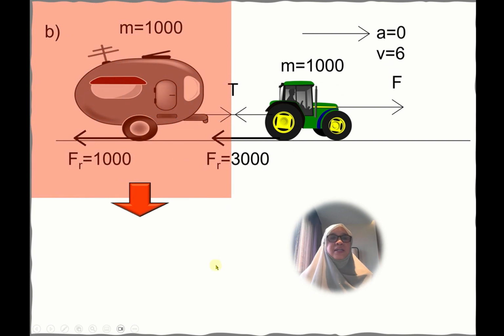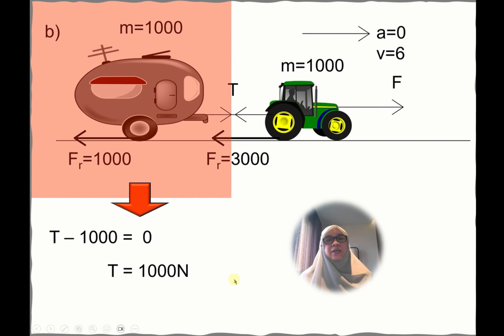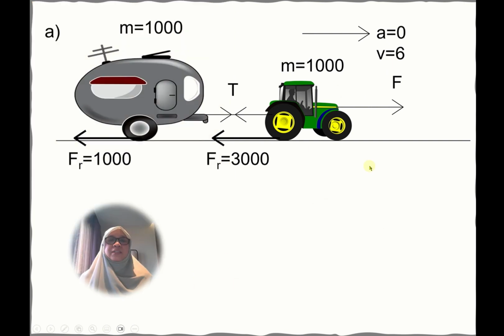For the first one, the force acting is T minus friction equals 0, because this time acceleration is 0. So when this happens, the tension is only 1000 Newton. Just now it was 3000. When acceleration is 0 and the speed is 6 meter per second, the tension becomes 1000 Newton.